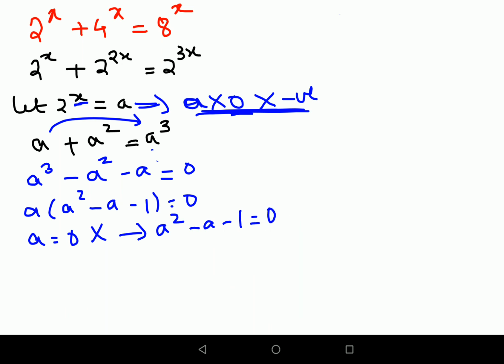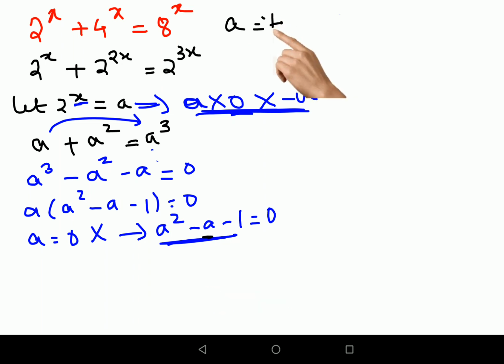Okay, now in order to solve this, I can't factorize this directly. So let's try and solve this using the quadratic formula. The quadratic formula is nothing but minus of coefficient of a. What is the coefficient of a? Negative 1.